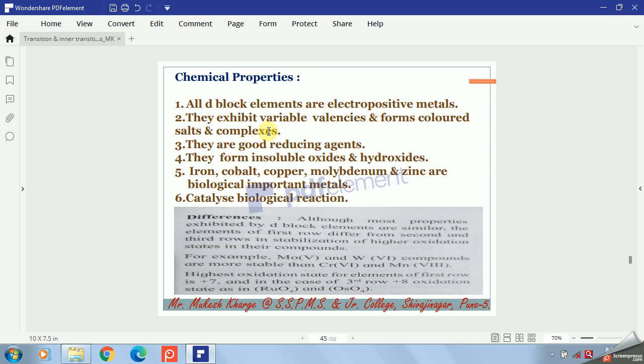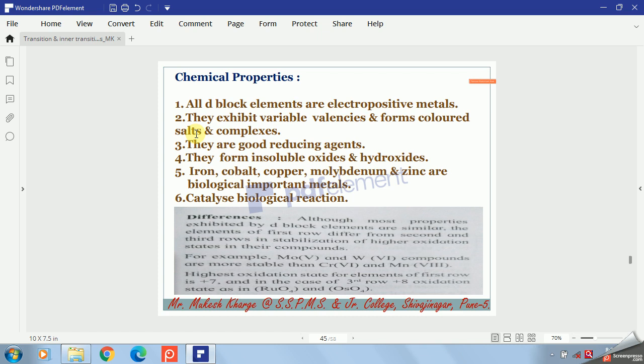So copper, in copper sulfate it shows +2 valency, but copper in Cu2O forms +1 oxidation state, that is valence, and the color is also different. So copper sulfate is blue in color, ferrous sulfate is green in color, FeCl3 is yellow in color.